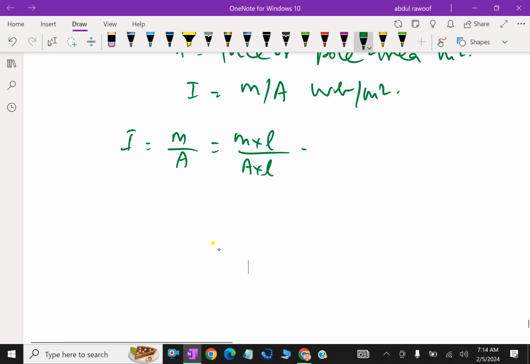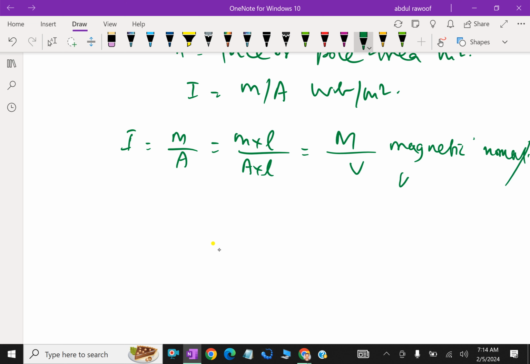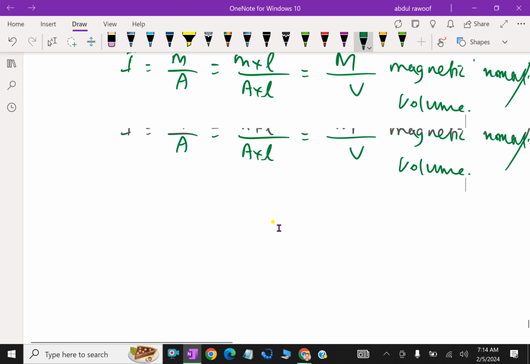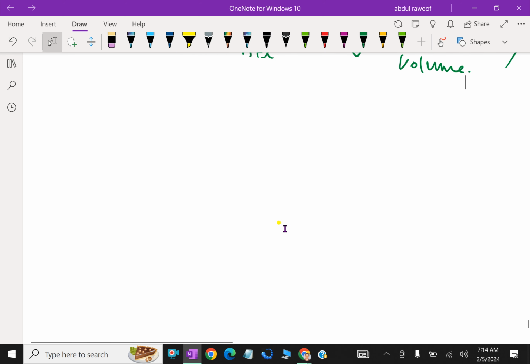It becomes moment over volume, that is, magnetic moment per volume. This is the intensity of magnetization.